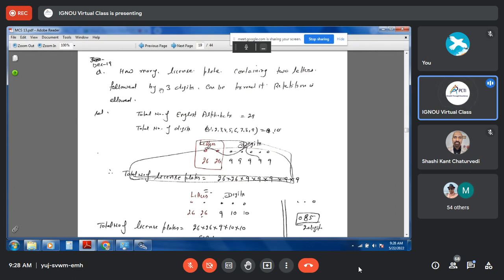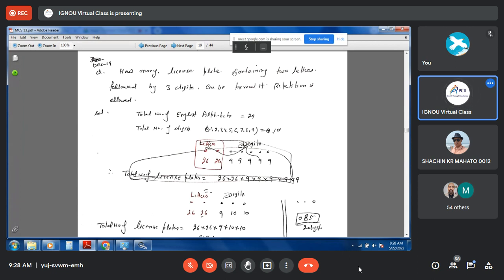How many license plates containing 2 letters followed by 3 digits can be formed if repetition is allowed? Remember the situation: how is the number plate written on our bikes or cars? There are 2 or 3 English alphabets, then numbers like 5, 6, 7, 8.